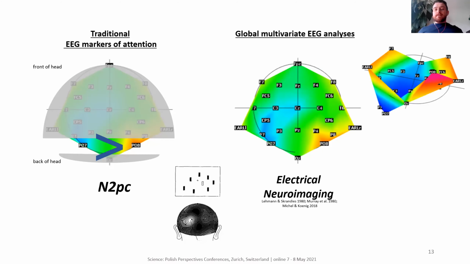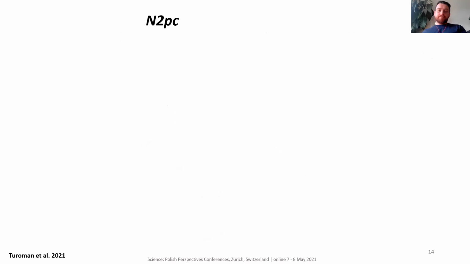And what it does at the very foundation, but we can go into details a little bit more, there's no time to explain this just now, is it analyzes the relationships between the hills and the valleys in the voltage of the electrical field at the scalp. And so it's sensitive to patterns, and it can analyze those and compare them statistically. Okay. So we analyzed both N2PC and the electrical neuroimaging of this N2PC in our 4 groups of age participants in this particular study.